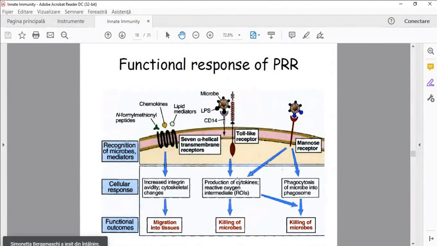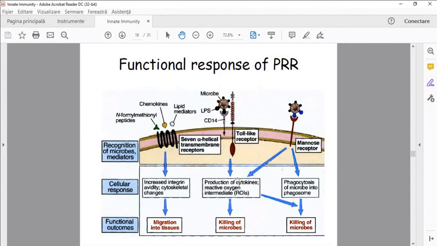For example, if we are talking about phagocytes, it will increase the production of reactive species of oxygen or nitrogen, which finally will lead to killing the microbes, but also will increase the ability to engulf the microbe, to phagocyte the microbe.